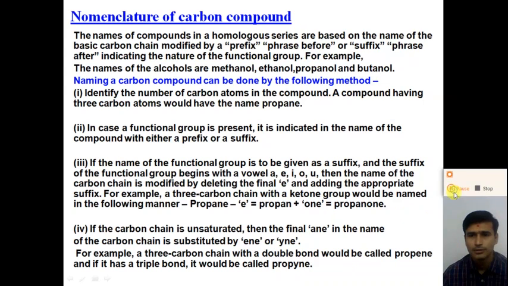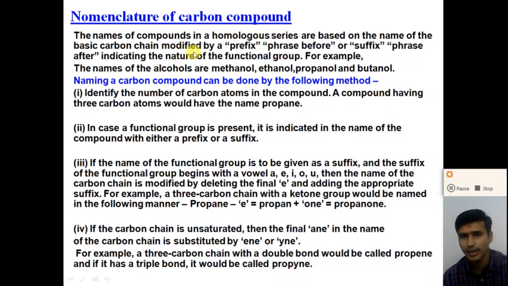But simply, the names of compounds in the homologous series are based on the name of the basic carbon chain. What is the basic carbon chain? In the basic carbon chain, if there is only one carbon atom, the name starts with methane. If there are two carbon atoms, the name starts with ethane.